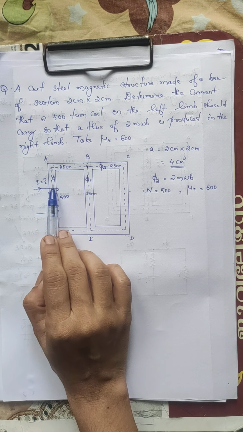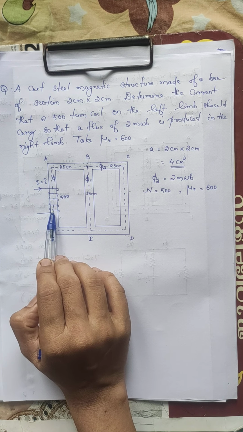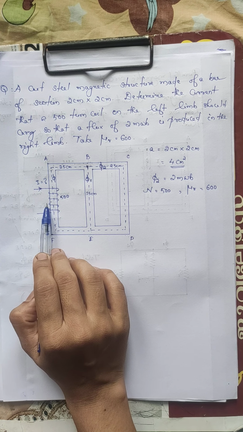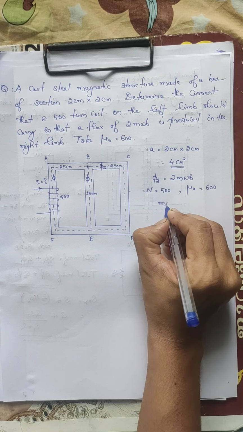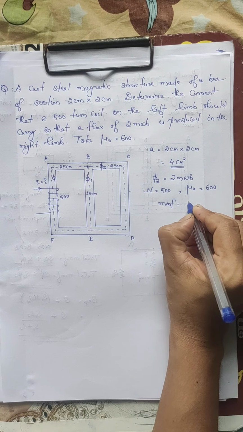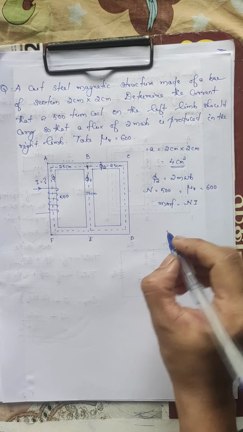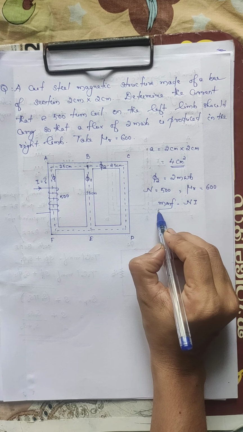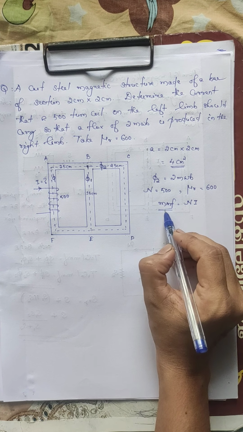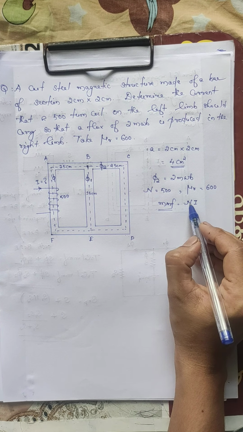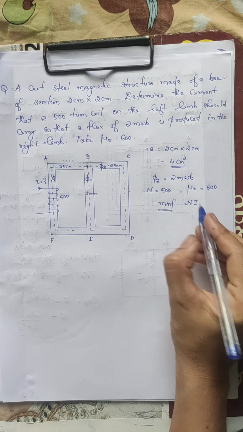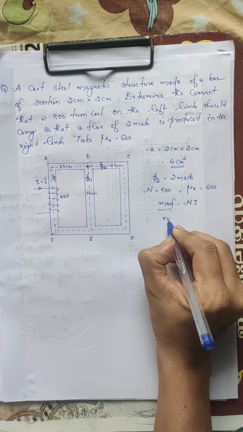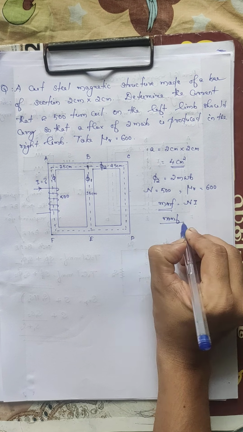If we know the total MMF, then we can equate it to N into I and calculate the current. So total MMF of this parallel magnetic circuit is equal to N into I. By dividing the total MMF by the number of turns, we will get the current. So our aim is to calculate the total MMF of the circuit.